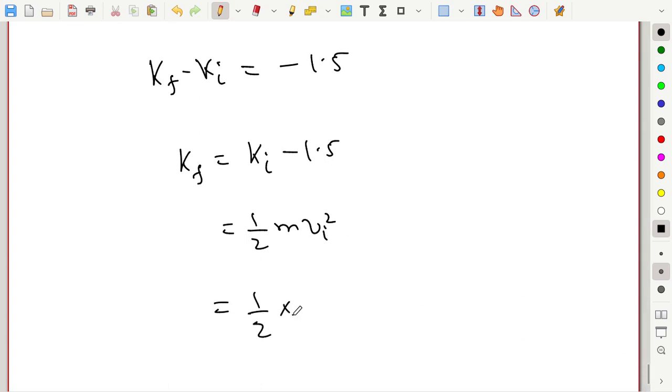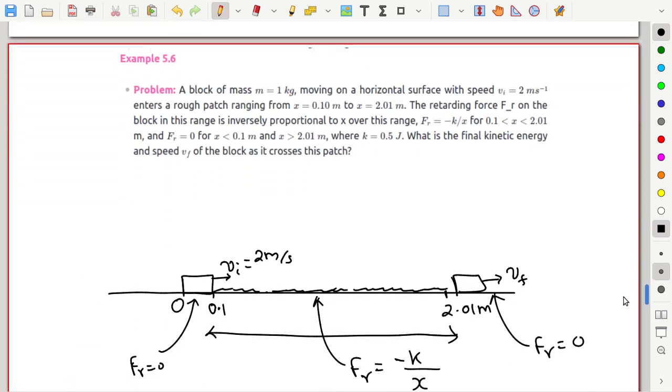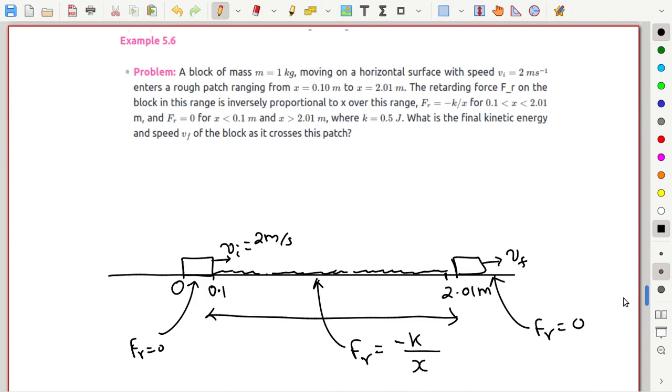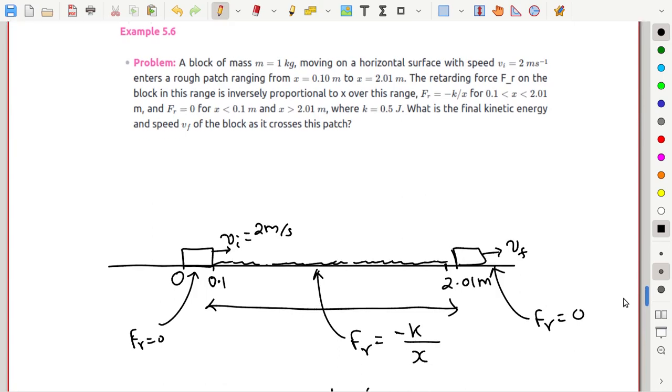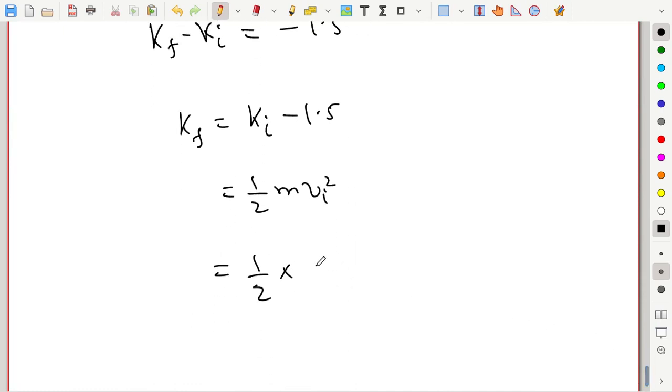Therefore it is half into the mass of the block, given as 1 kg, and the speed is 2 meters per second, so half into 1 into 2 into 2, and we also have minus 1.5 here.